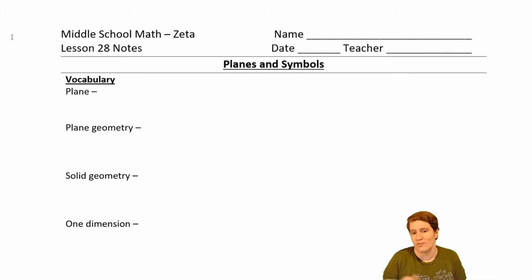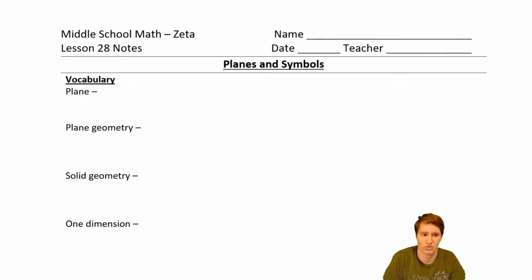So first off, what is a plane? That's a great question. So a plane is basically like a flat surface. Where we have lines that go left or right or up or down, we actually would consider them to be one-dimensional because they're only going left and right or up and down and not both of those, whereas a plane goes both of those directions.